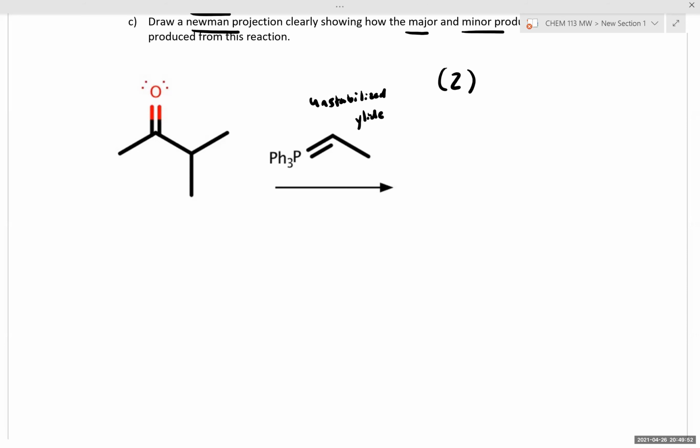So let's take a look. If we have an unstabilized ylide, for the mechanism of the Wittig reaction, you can either draw the 2+2 or the addition followed by the collapse to make a betaine intermediate. Both are accepted. I'm going to draw the addition-based mechanism.